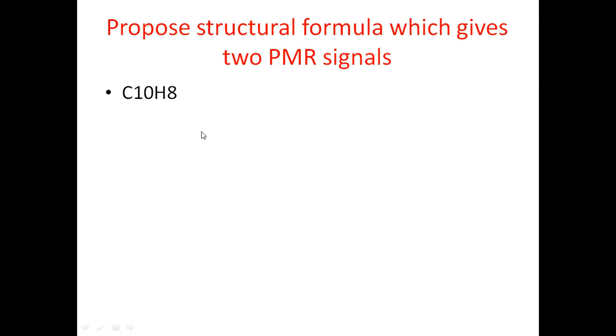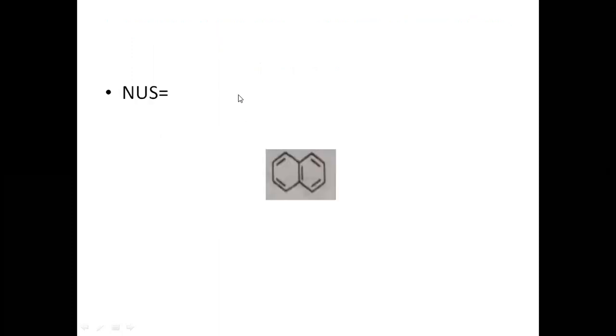This is the possible structure. C10H8, 7 unsaturations. 3 plus 2, 5, and 2 rings are there.